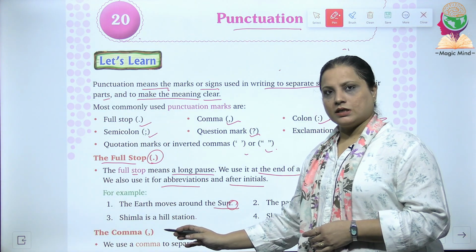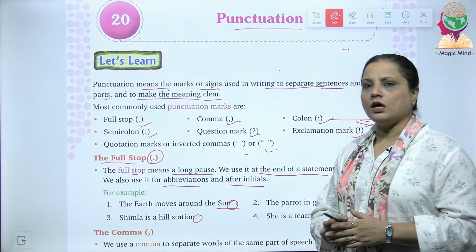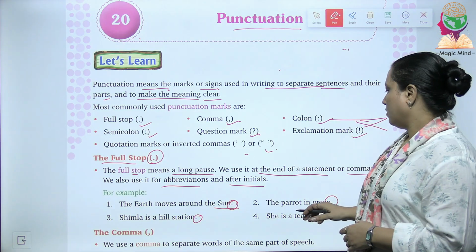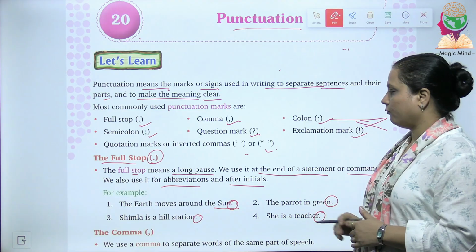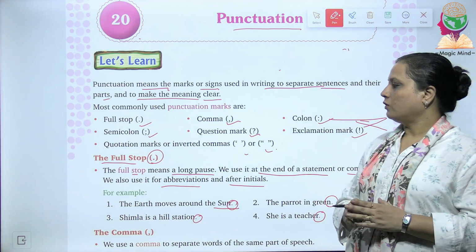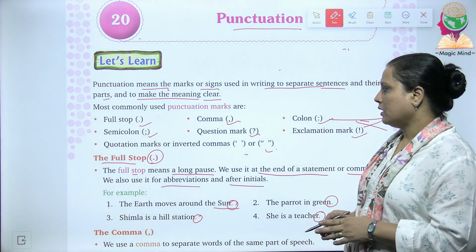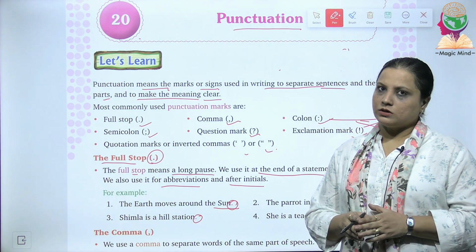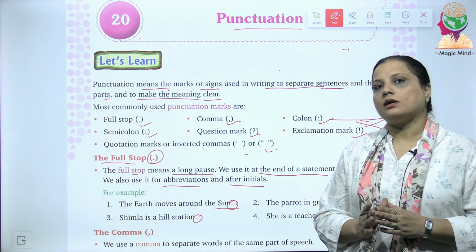Third statement is: Shimla is a hill station, and a full stop. Fourth one: She is a teacher, and a full stop. So with this we have completed what the full stop means. It means a long pause and it comes at the end of the statement or the command.